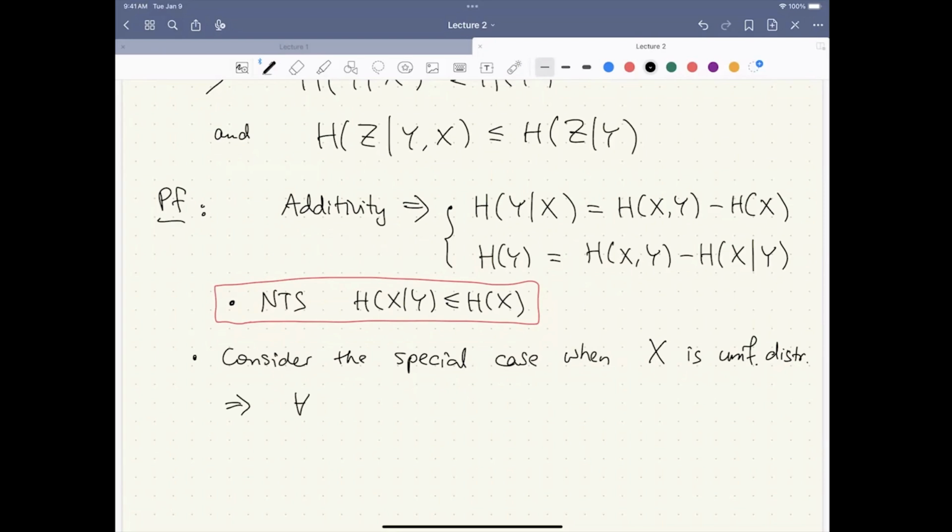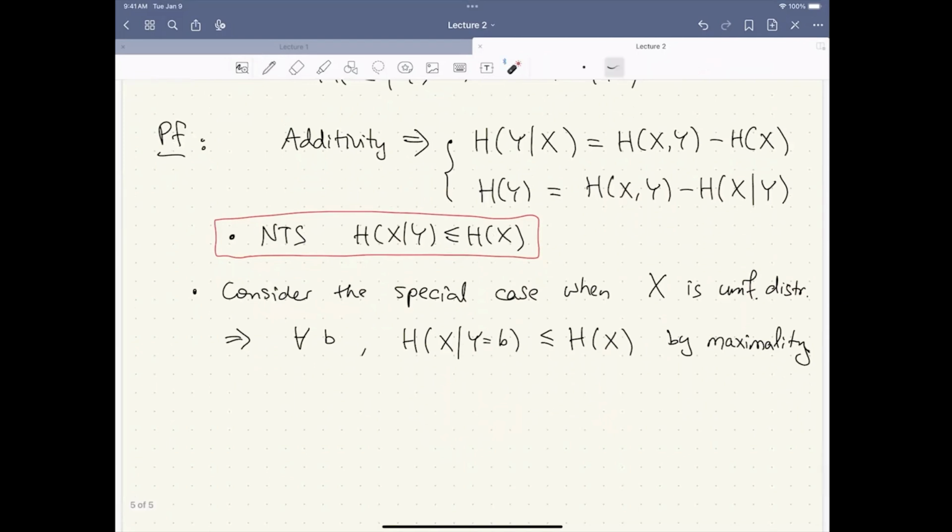In this case, for any choice of b from which y takes a value, if you condition on y taking value b, this is a random variable itself. Now we fix the outcome of y. This is a conditional random variable x. It's at most H of x. Why? Because x is uniformly distributed, and the uniformly distributed one has the maximum entropy.